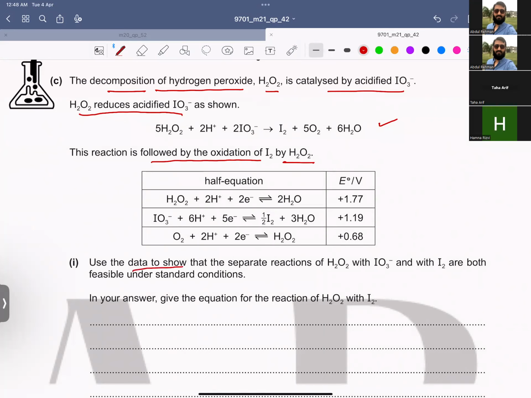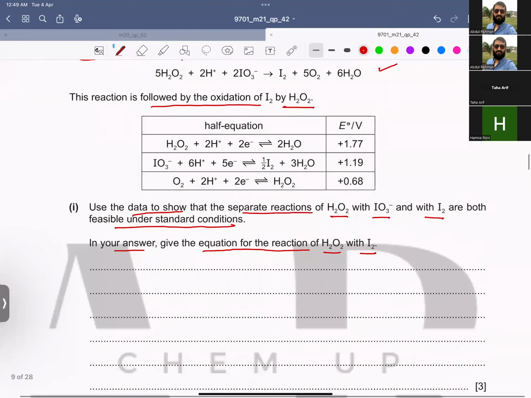Use the data to show that the separate reactions of H2O2 with iodate and with iodine are both feasible under standard conditions. In your answer, give the equation for the reaction of H2O2 with iodine.